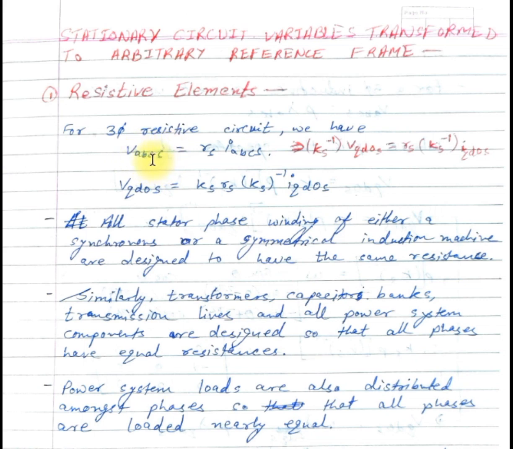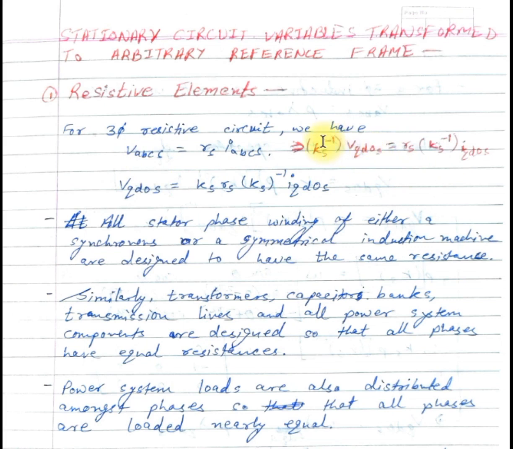So this could be written as Ks inverse of V of QD0S, which is equal to Rs, and again I is in ABC terms, so we multiply Ks inverse into I of QD0S. Now we need to convert this ABC into QD0. So we already have V of QD0 here.